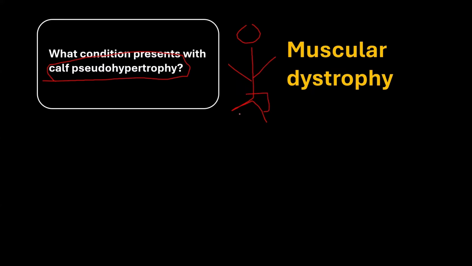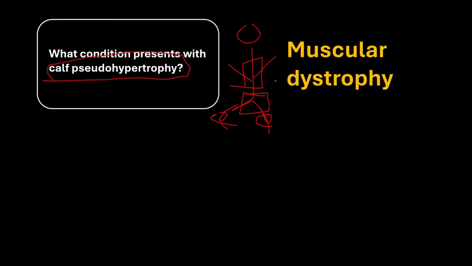You'll see that the pelvic girdle muscles will be weaker, and then your shoulders will be weaker as well. So patients will at first compensate by developing stronger calves. They'll have truly larger calves with muscular hypertrophy, but then as the condition continues to develop, that muscle gets replaced with fat. So that's why it's called pseudohypertrophy.